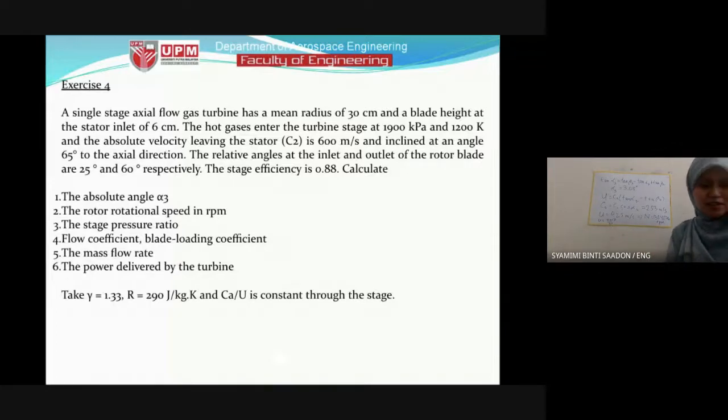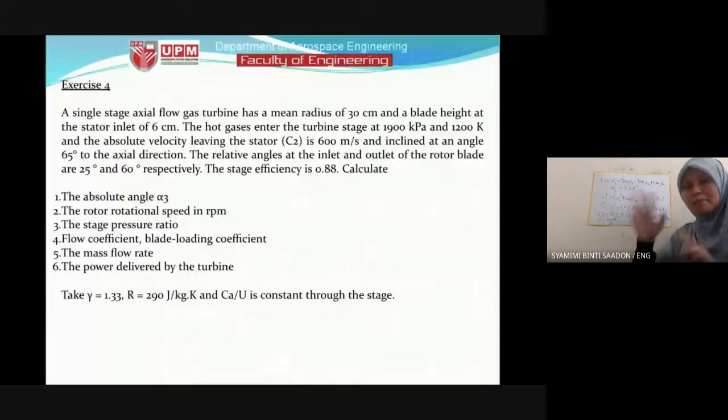Next is the stage pressure ratio. Stage pressure ratio means the total pressure ratio of inlet over outlet, because the turbine is the opposite of the compressor, so inlet over outlet.